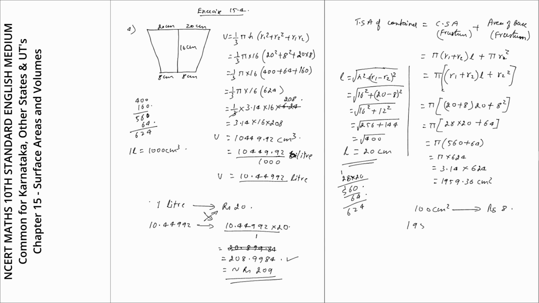Therefore, 1959.36 costs how many? Just cross multiply. So this is equal to 1959.36 into 8 divided by 100, which you will get as 156.74 rupees. The arithmetic calculation I skipped. This is the answer given in the textbook and we got it, and that completes this problem.